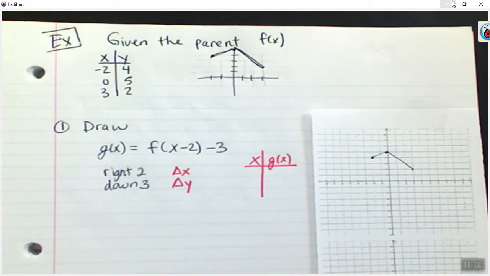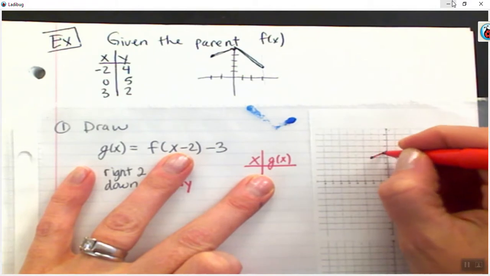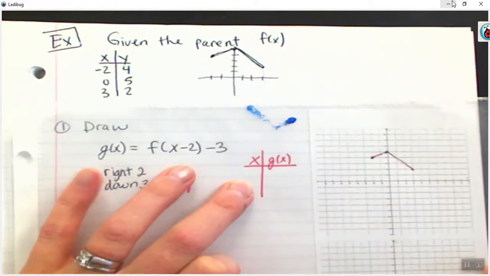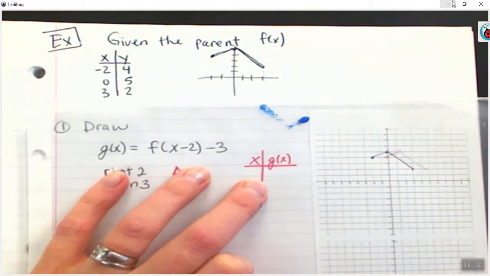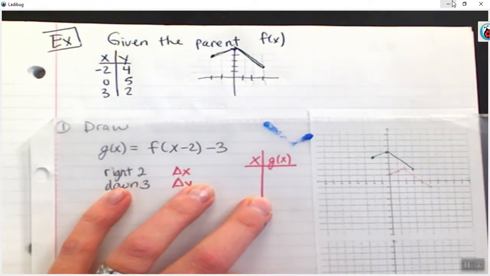Move the graph right 2, down 3. Right, you know how to translate from geometry. You're just translating it. Move it right 2, down 3.